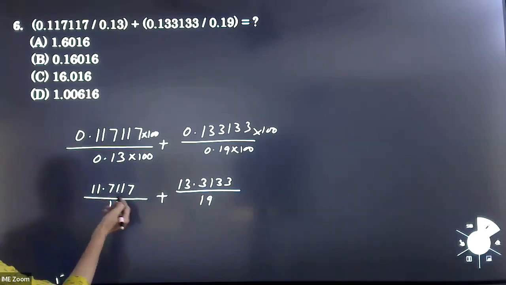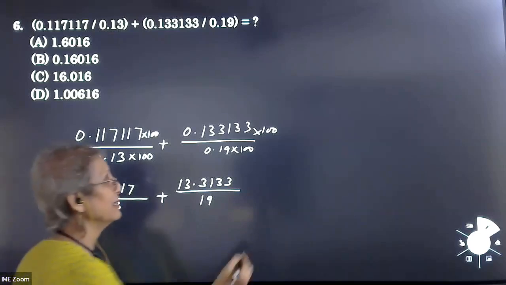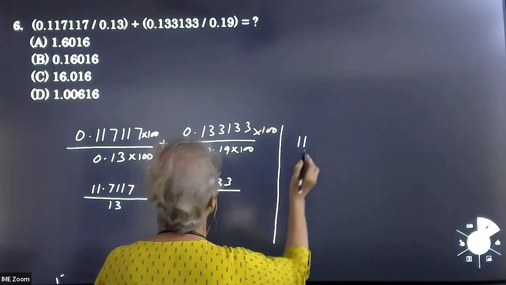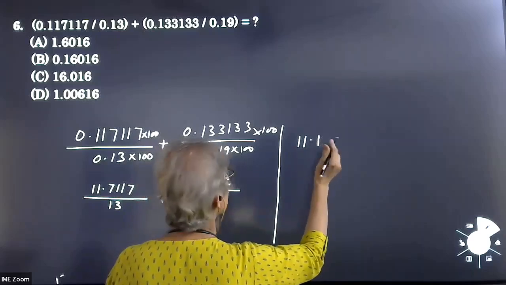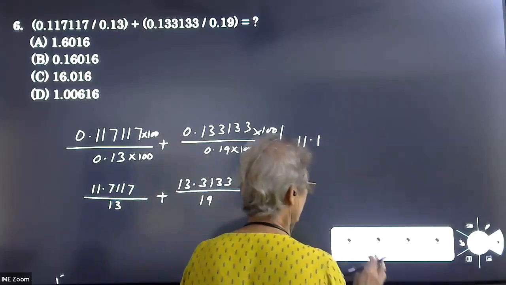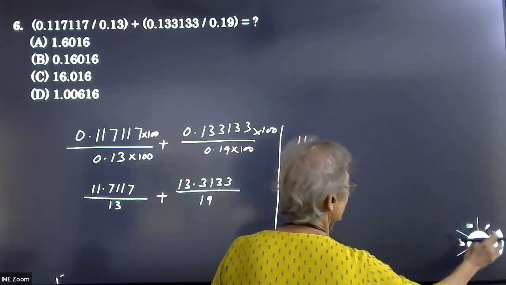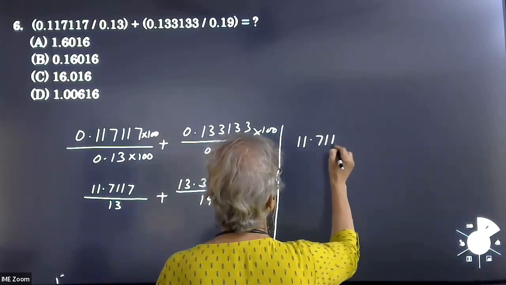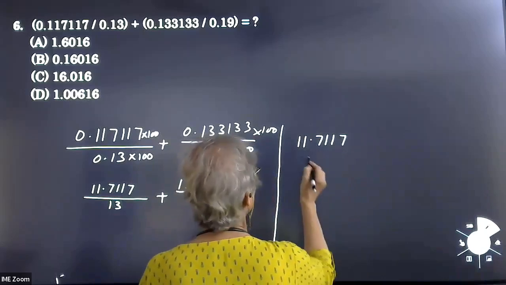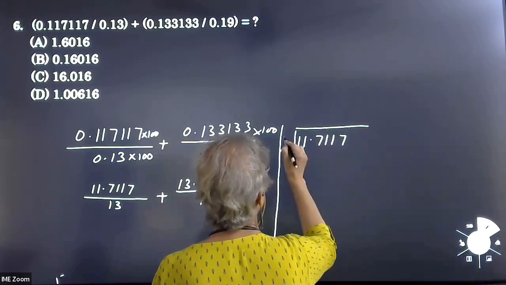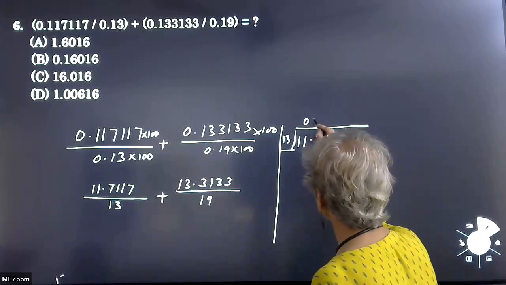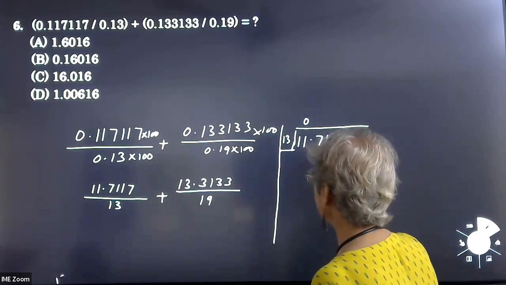Okay, let us find the answer here now. This is, let us divide this. Again, division is slightly difficult. We will do here. One we will do, so we will get an idea about the second one. 11.7117, right? Divided by 13. 11 is not divisible. So let us write 0. Then now we are using digit.